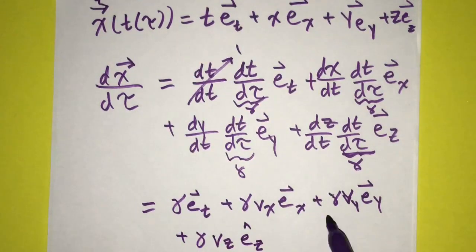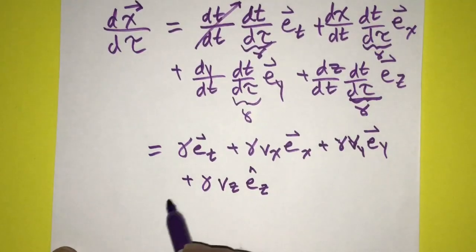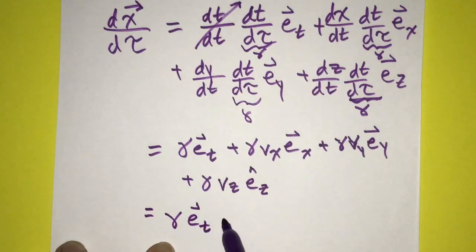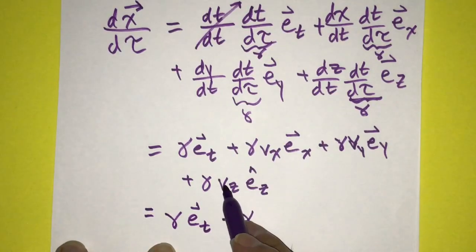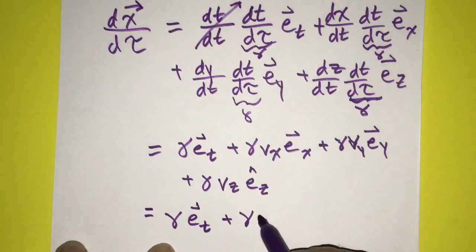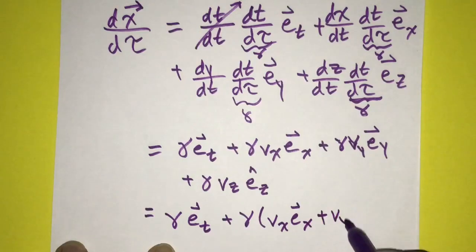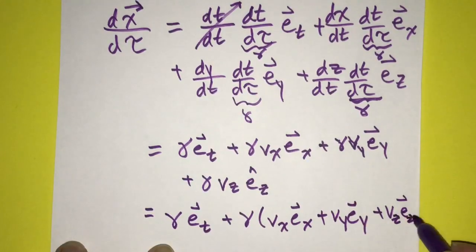Now if we want to write this a little more compactly, here we have gamma in the time direction plus, you factor out this gamma, and right here this is just our velocity: v sub x plus v sub y times our basis in the y direction plus v sub z times our basis in the z direction.